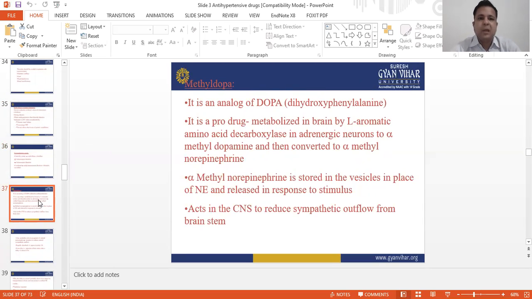Methyldopa is an analog of dopa. Dopa is dihydroxyphenylalanine.